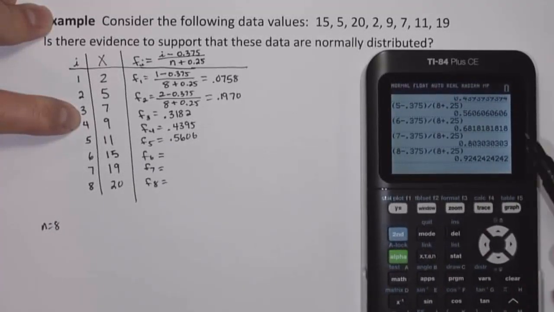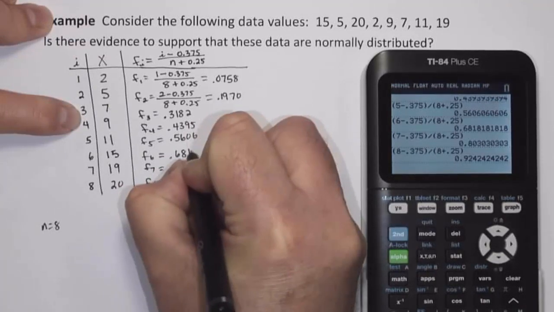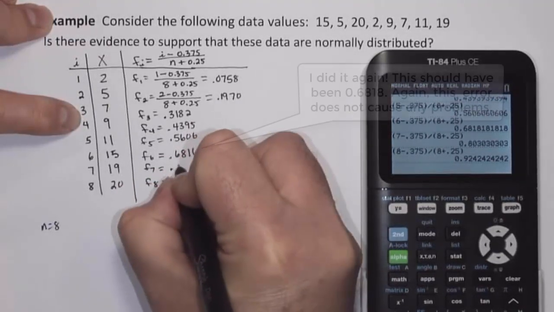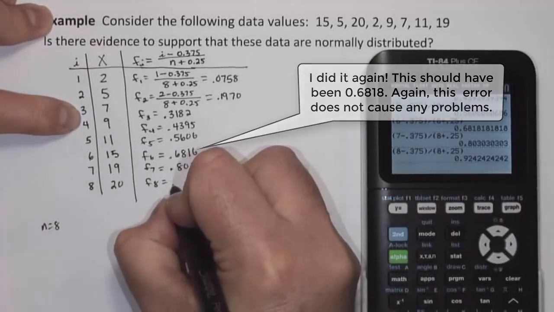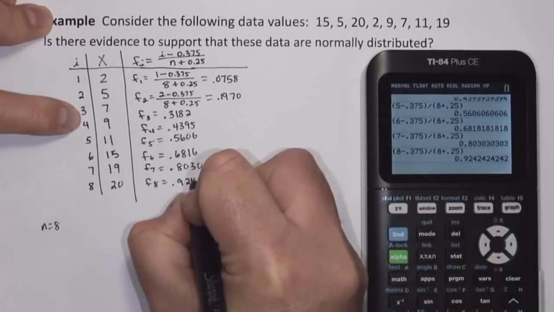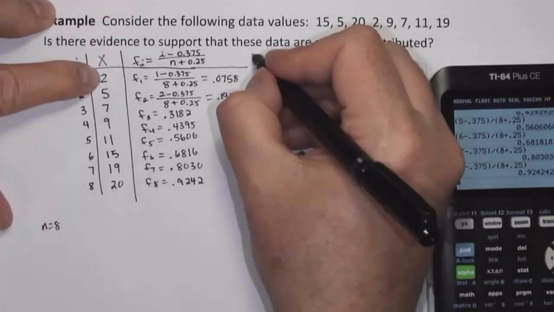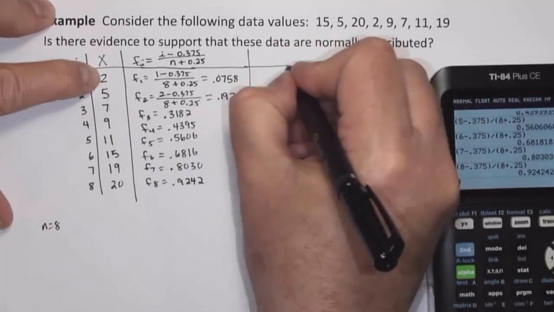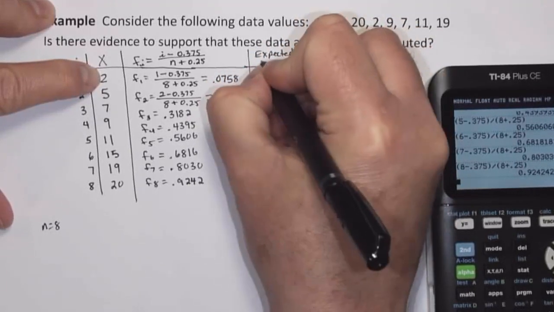So those values are going to be 0.6818 for F of 6, 0.8030 for F of 7, and 0.9242 for F of 8. Okay? So now I can find the expected z-scores.